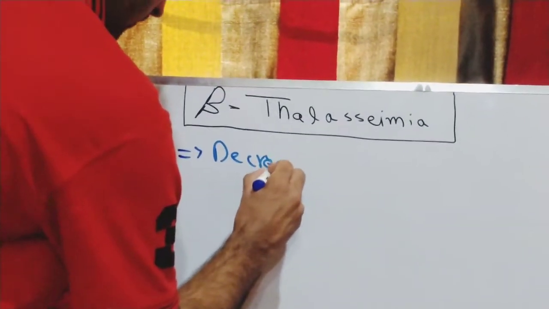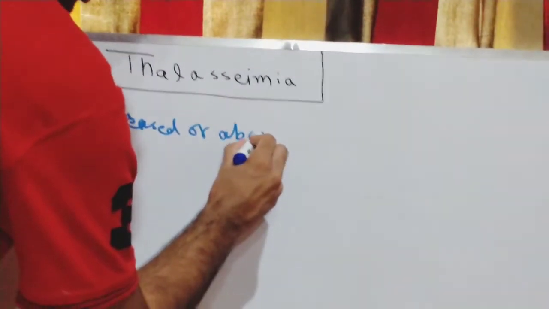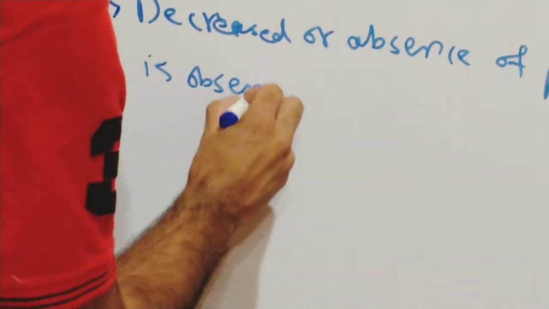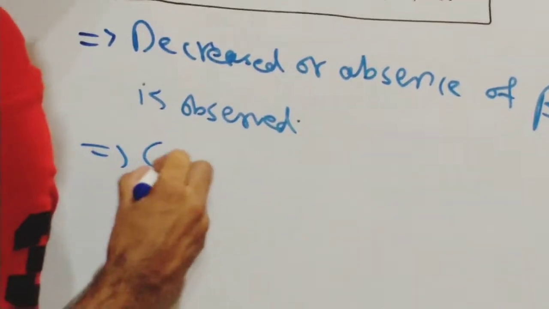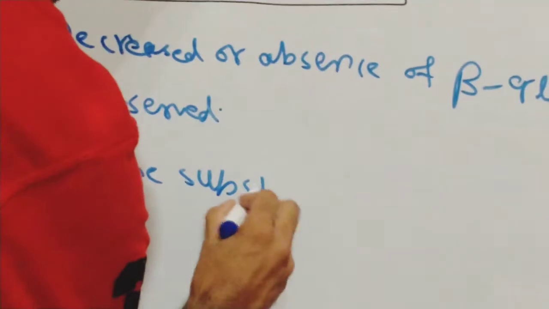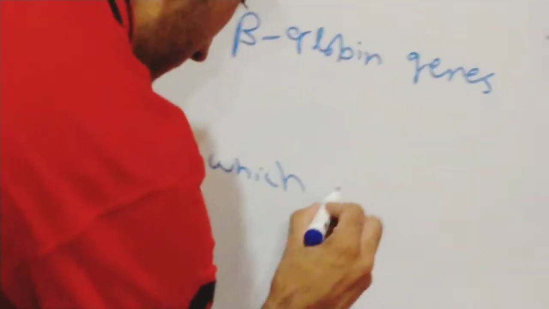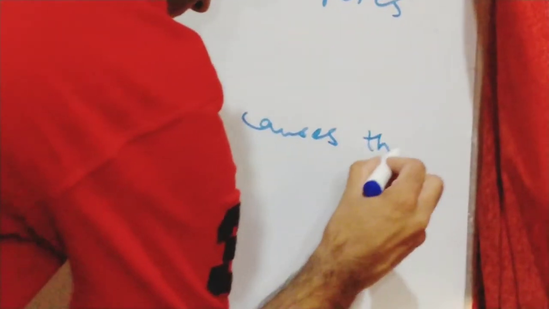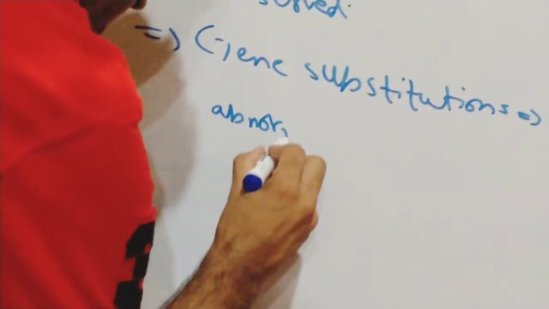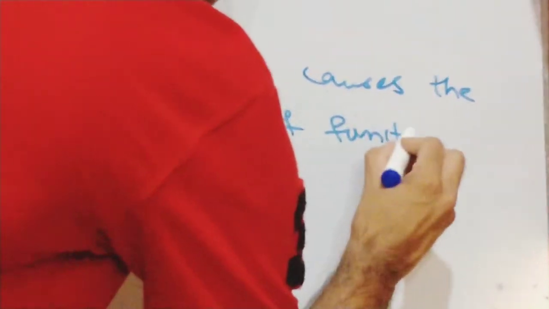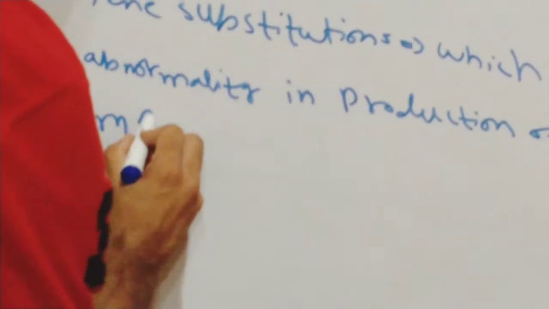Decreased or absence of beta globin genes is observed due to the gene substitutions, which cause the abnormality in production of functional mRNA.